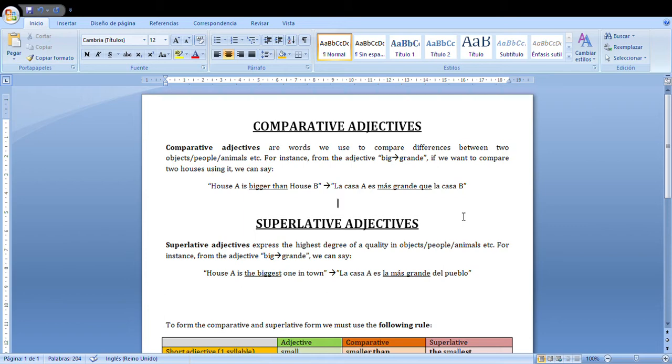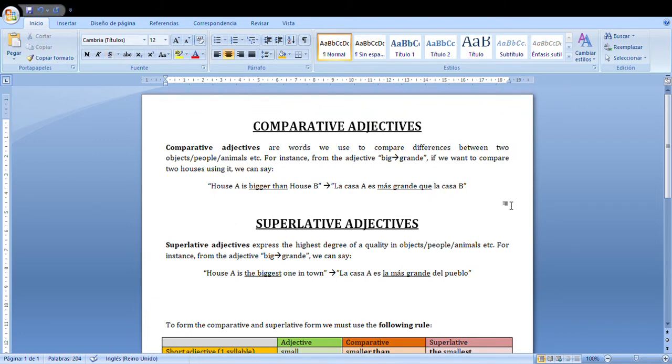You have seen that for the comparison, we just have to take the adjective, in this case big, and add er at the end. In this particular case, we are doubling the G, but this is not always the case. So we add er to say más grande, okay? And then we add than to use que in Spanish.